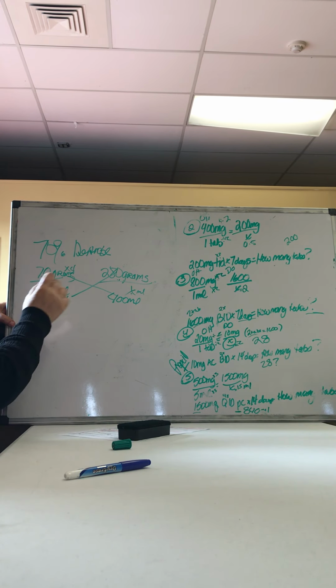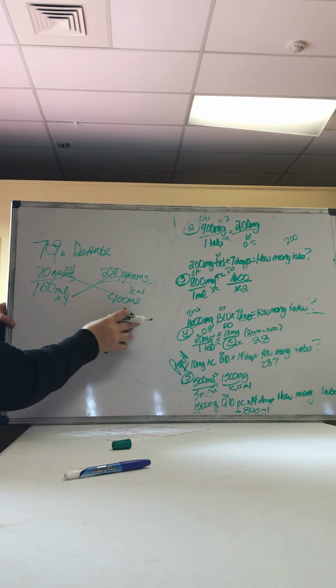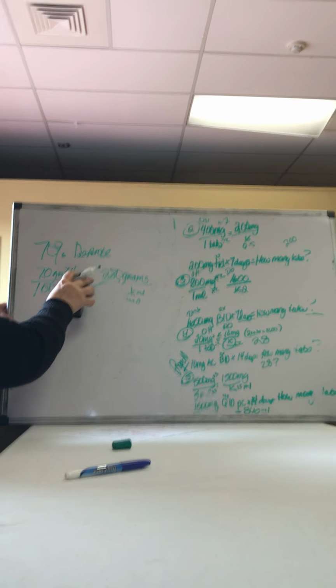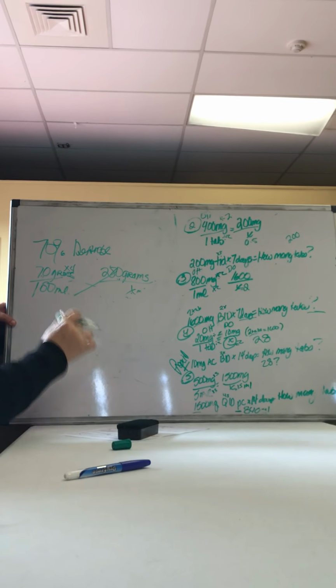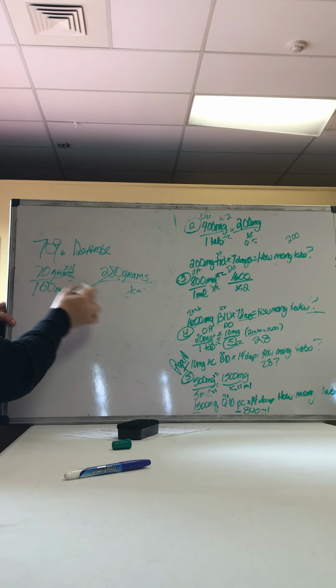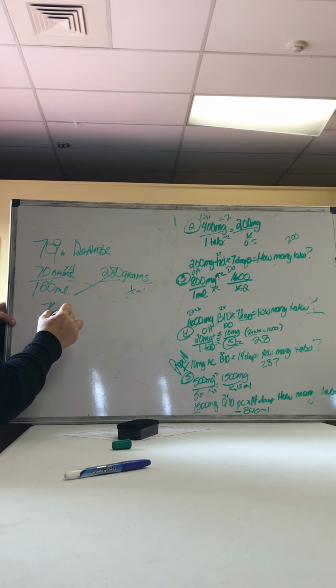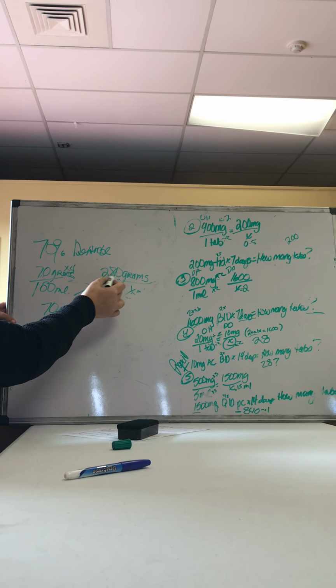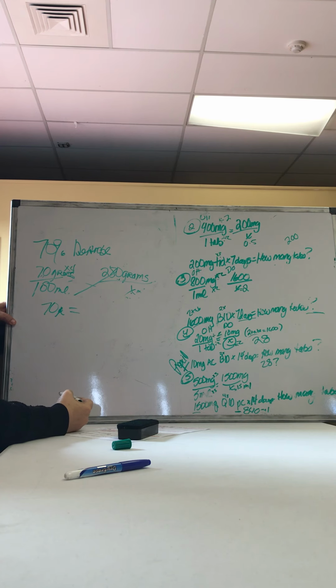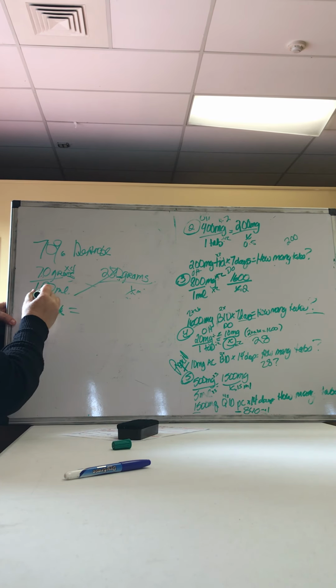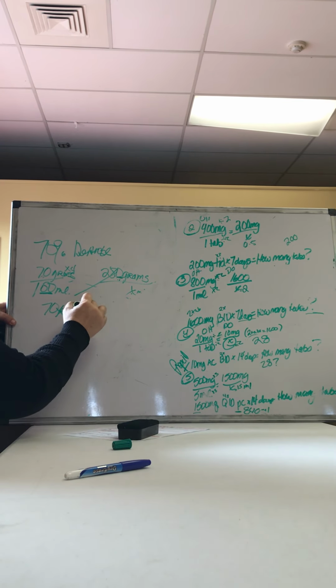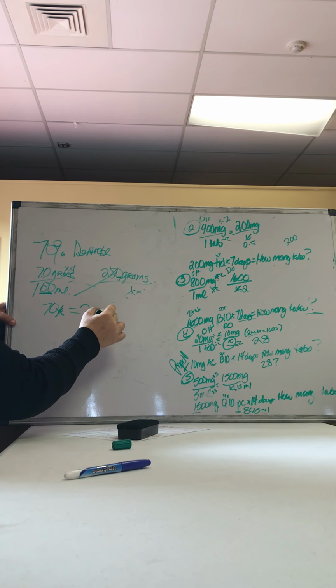Or you could have cross multiplied, just in case you didn't figure that out. Or to check yourself, I always check myself. In order to check yourself, you would go 70 grams times X, so you get 70 X. Then 280 times 100, what is that? 2,800. 28,000, not 2,800. There you go.